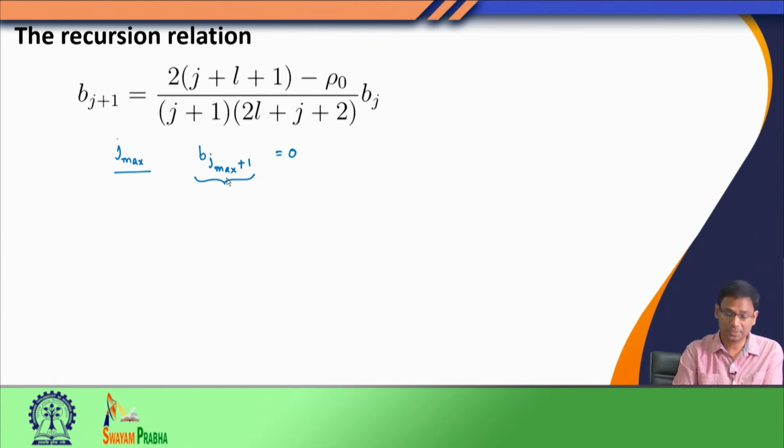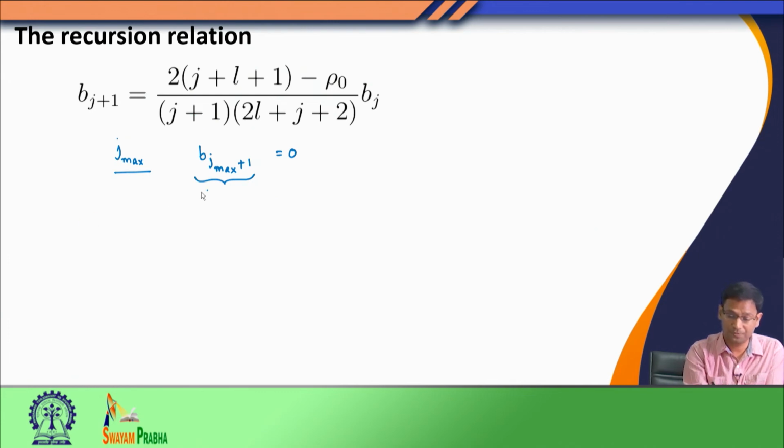So, now what would we see? What would be the value of j max, the maximum value of j where this power series should truncate? I have this expression for b of j plus 1. Suppose I write this for j equals j max. Then on the left hand side, b of j max plus 1 will become 0, and that will happen when I look at the right hand side of this expression.